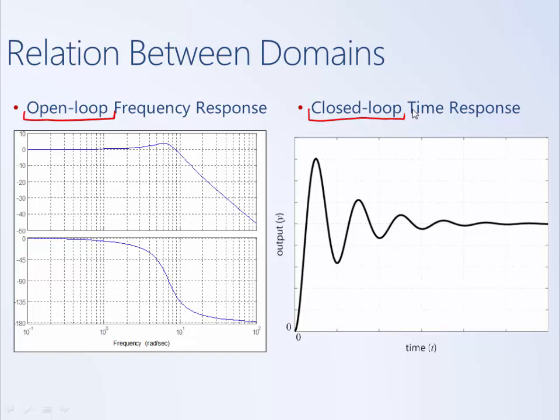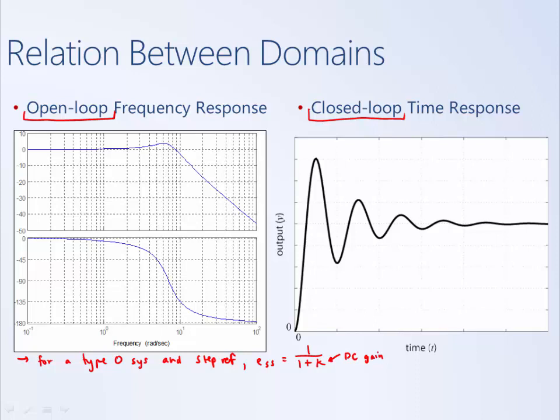So let's first think about steady state error. For a type 0 system and step reference, E steady state depends on the DC gain, and it has some sort of form like this.